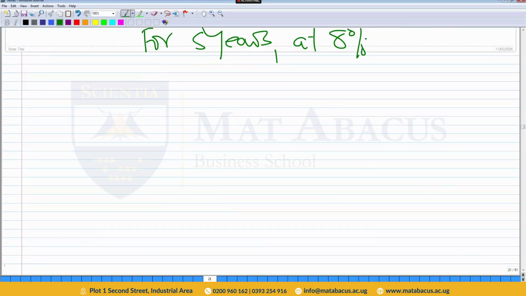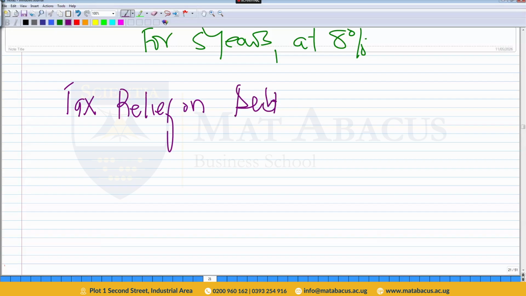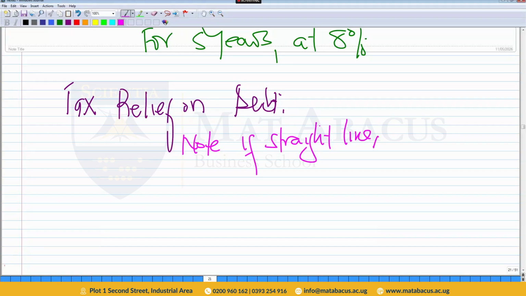So, one, we are looking for tax relief on debt. Note, if straight line, meaning that the interest you pay remains the same.